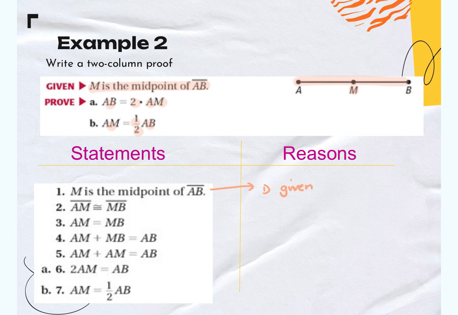Second thing says AM equals MB. So I know this is true based on the definition of the word midpoint. The midpoint says the point in the middle or the point that cuts these into two congruent parts. So that is literally the definition of a midpoint.